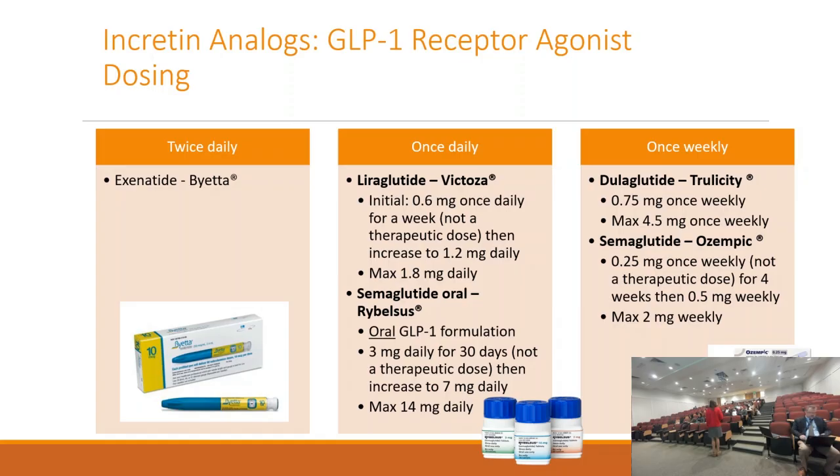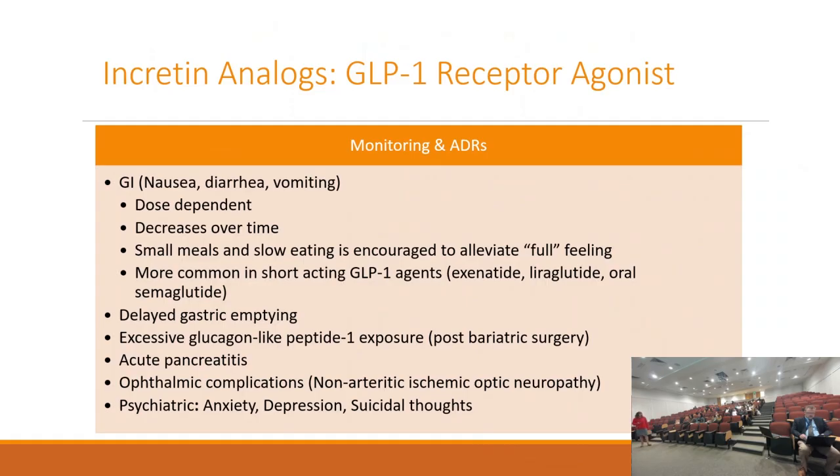Trulicity comes as single-use pens. Ozempic is more like an insulin pen that you have to titrate up to. These are really critical medicines to counsel patients on how to use. I'm not going to go through how to use them here, since you learned that in Care Lab.